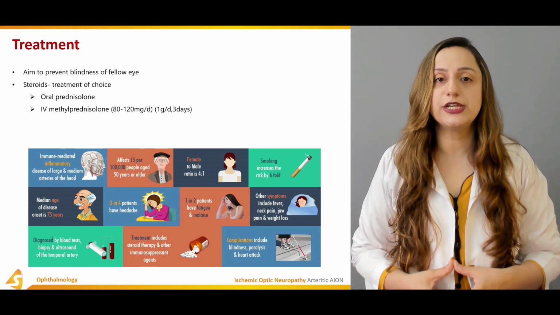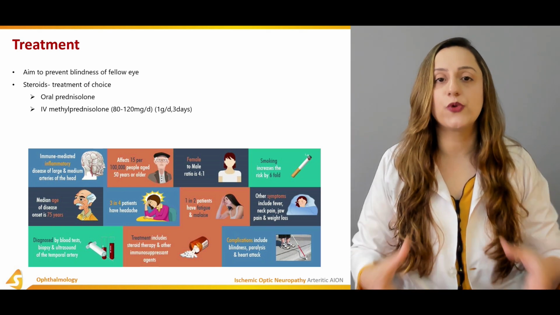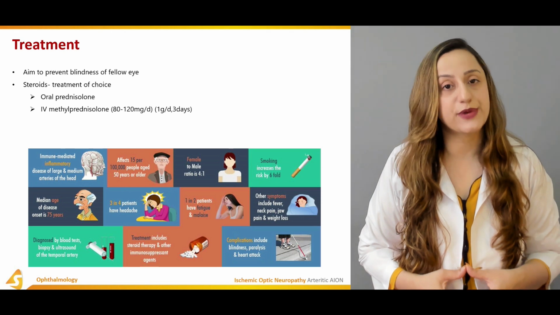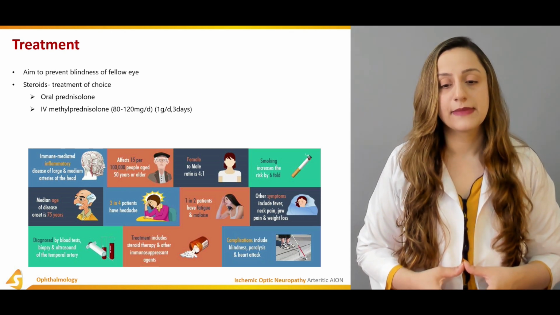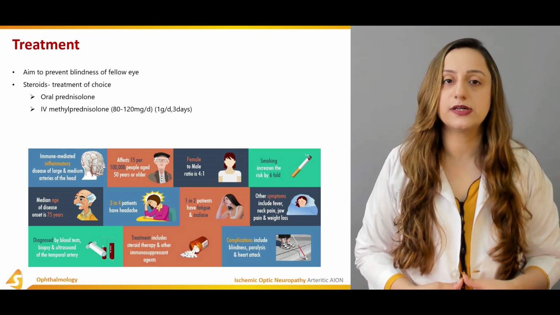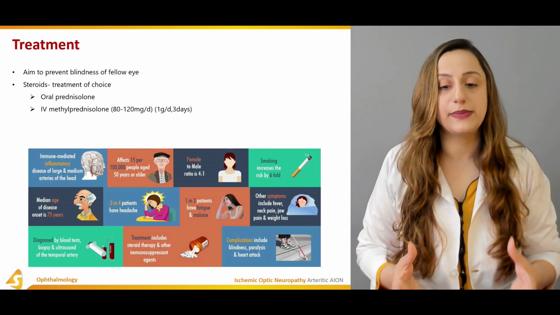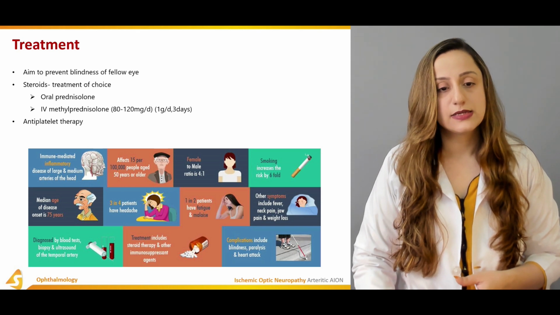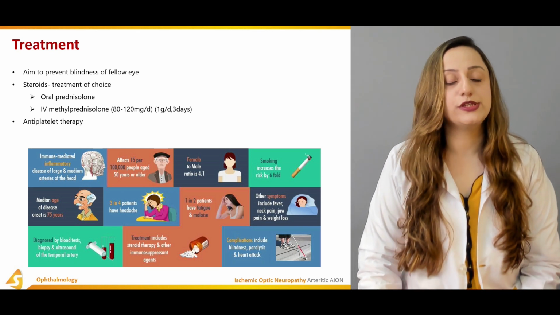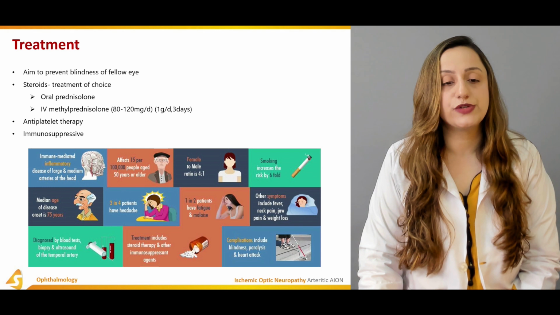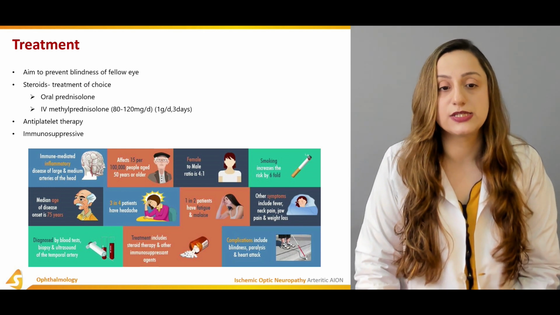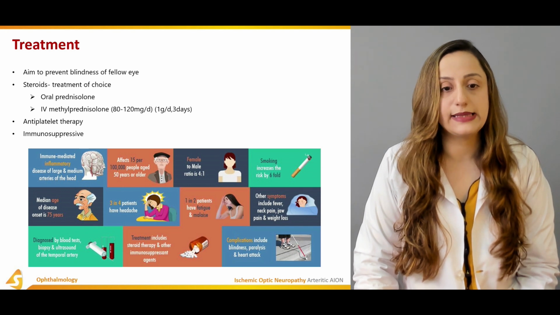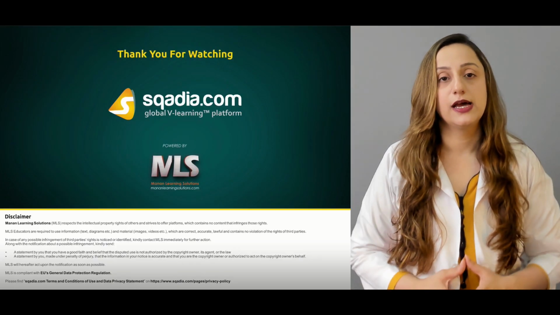The treatment of choice is steroidal therapy, and sometimes we give immunosuppressants to these patients. The complications can include even blindness, paralysis, and heart attacks. The antiplatelet therapy or immunosuppressant therapy that we've already focused on can be given in these individuals as a coupling therapy with the steroidal therapy that we were already giving to the patient.